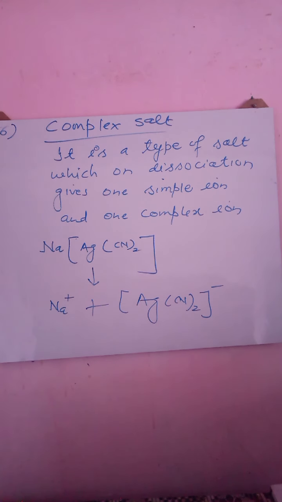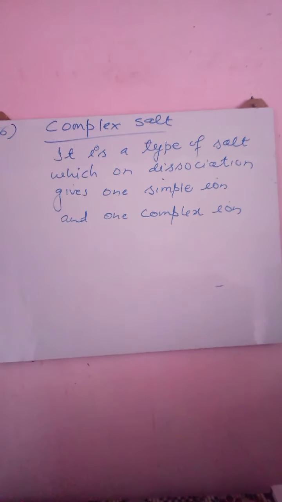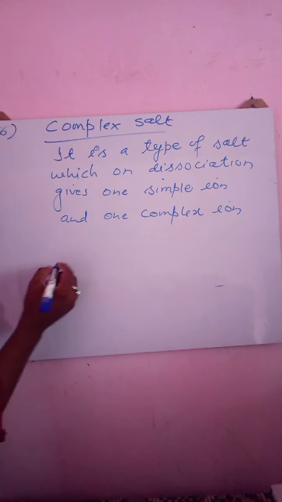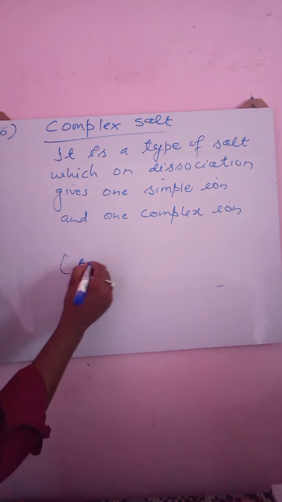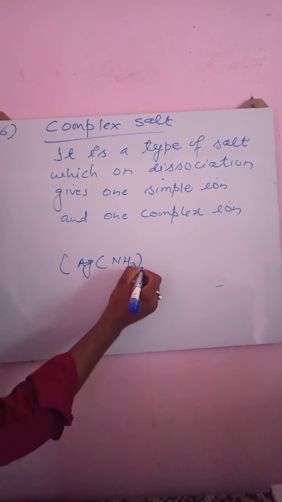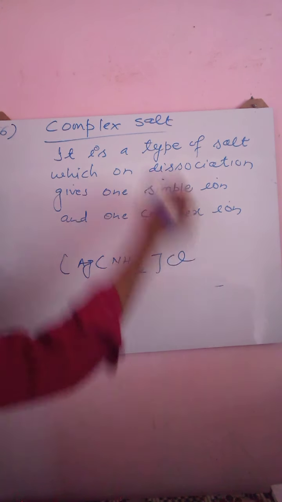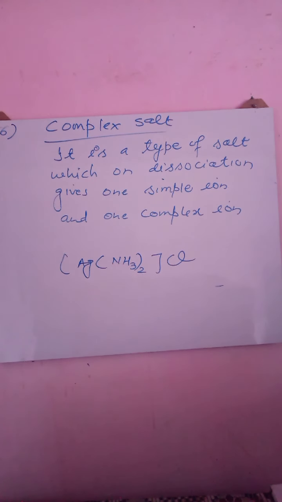One more example we can see: silver aminochloride. It is a type of complex salt.